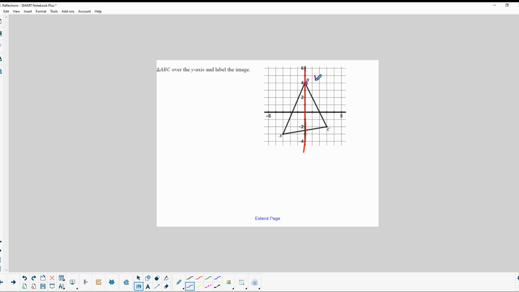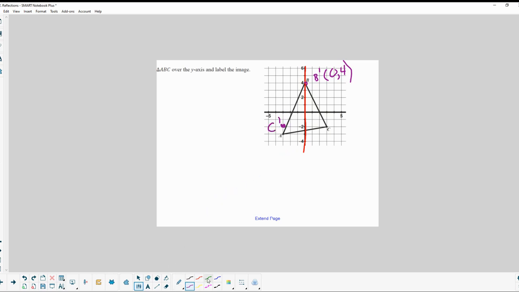So B prime will stay right there, and it'll be 0, 4 is where that's at, all right? Okay, now C is 3 to the right of the y-axis, so we're going to move it over 3 to the left. 1, 2, 3. So its new location will be right there, so that'll be C prime.